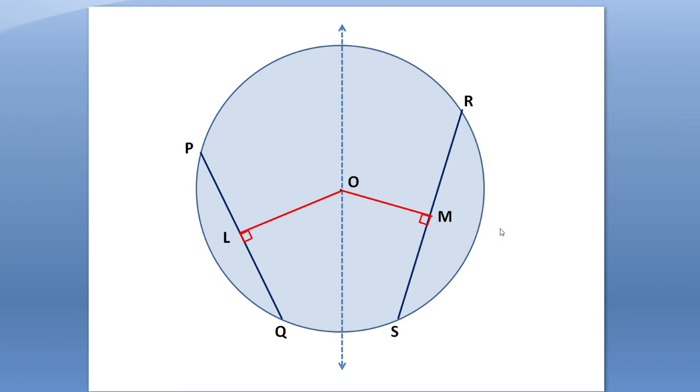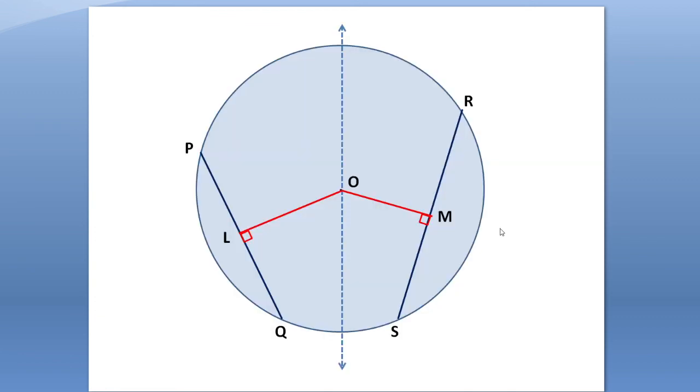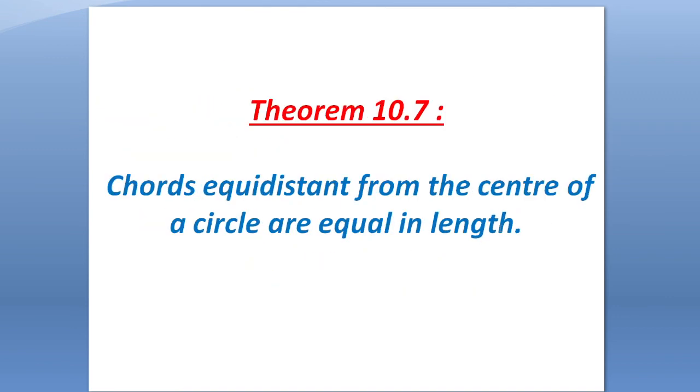If OL and OM are equal, then PQ and RS are equal. Yes, both are equal. Repeat the activity for more equal line segments and draw the chords perpendicular to them. This verifies the converse of the theorem. What is that? If chords are equidistant from the center of the circle, then the chords are equal.